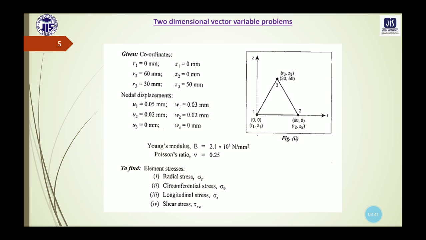Next, for node 2, the coordinate is given as 60, 0, that means r2 is 60 and z2 is 0 millimeter. Next, for node 3, it is given as 30, 50, that means r3 is 30 millimeter and z3 is 50 millimeter.